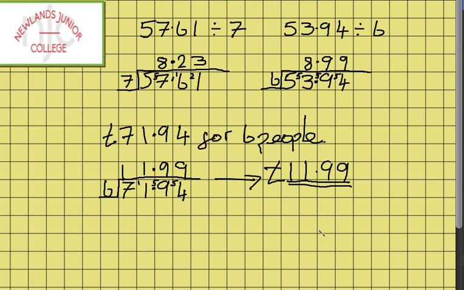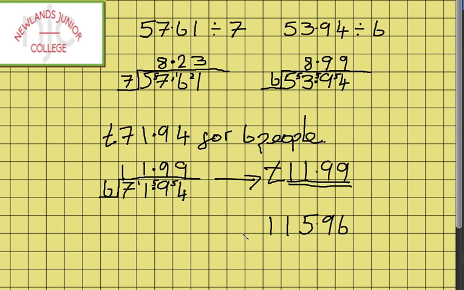Okay, one last question for you to think about to finish off. If you have another bill, and this time it's 8 people, and the total bill comes to £115.96.